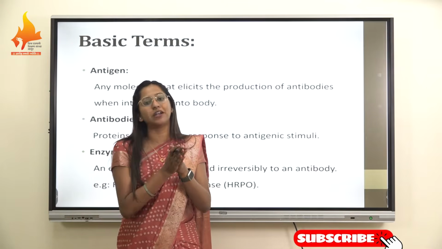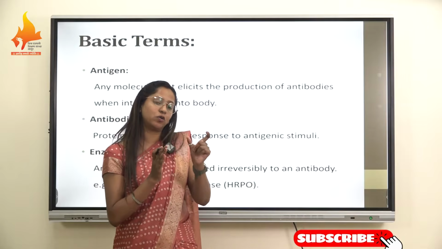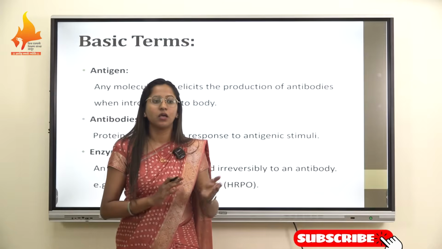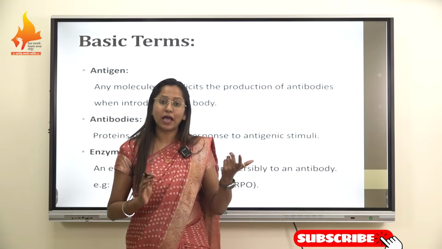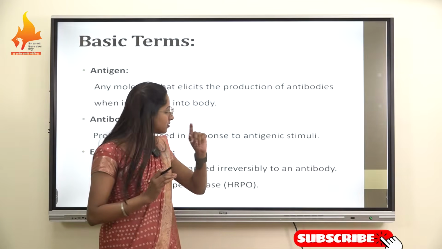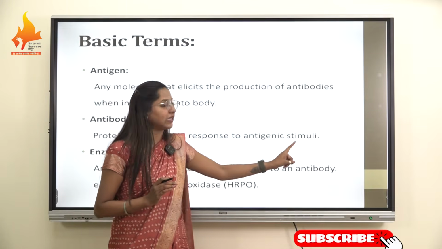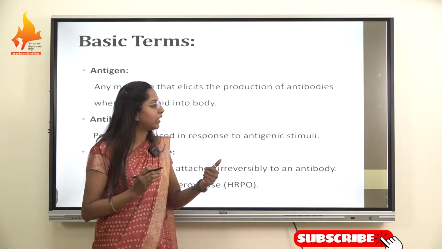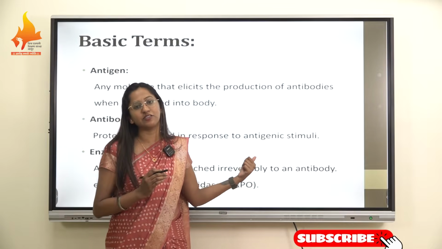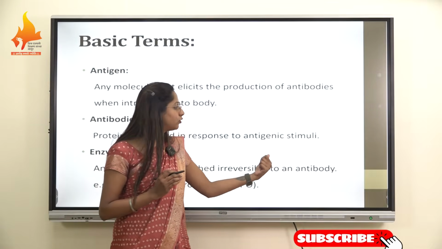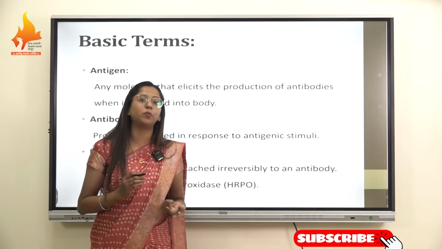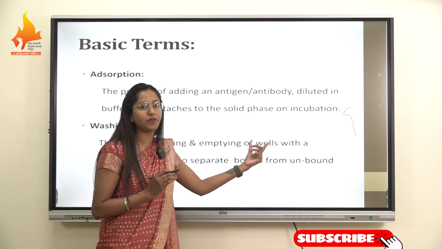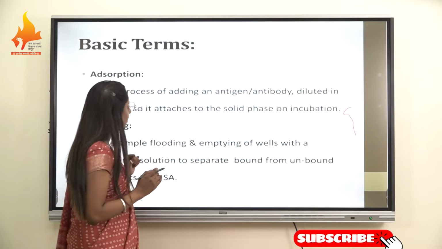Because if you want to kill a particular pathogen, you need to develop a particular type of antibody. In normal life, if you are suffering from fever, you take a particular type of tablet which is going to cure your fever, right? Similarly, if a particular antigen gets inside your body, it produces signals. The cells of our body analyze this particular stimulus, and according to this stimulus, our cells prepare a specific type of antibody, and this antibody attaches on its surface and destroys these antigenic molecules.